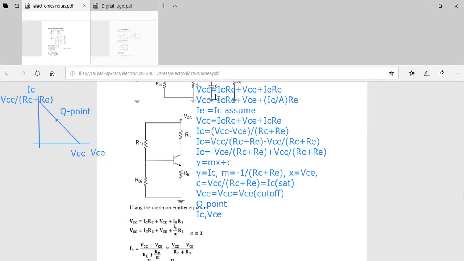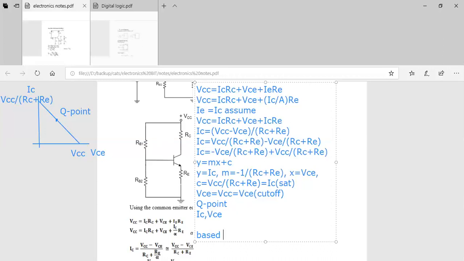So this is what I want you guys to do. I'll give you this as an exercise you can go working on, based on the example we did earlier.